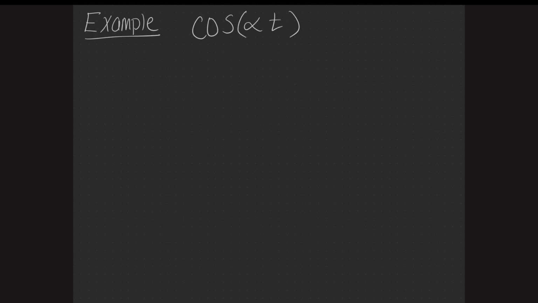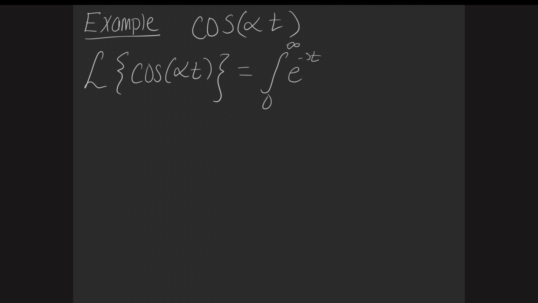Next, we're going to do the Laplace transform of cosine of alpha t. So we have the Laplace transform of cos alpha t, just for some alpha. And that's going to be equal to this integral from 0 to infinity of e to the negative st times cosine of alpha t dt.